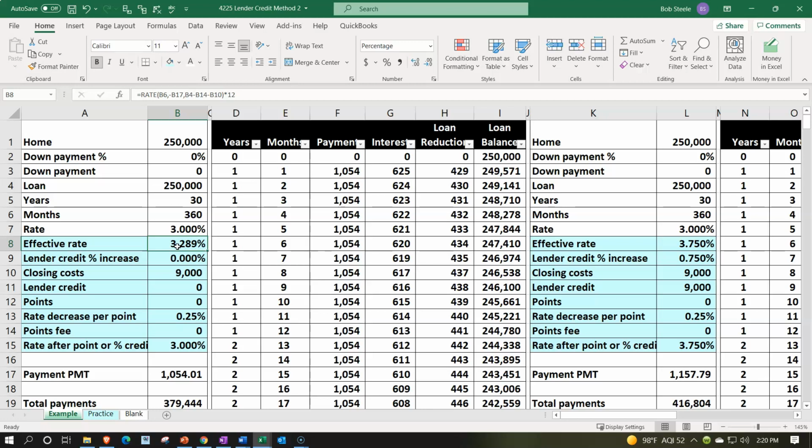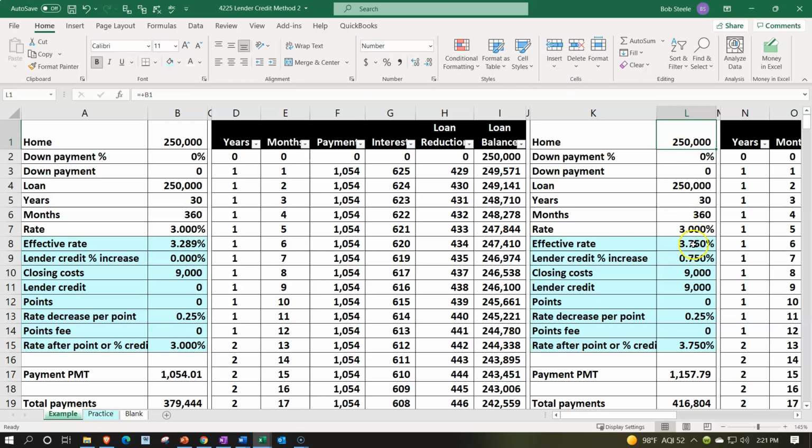If we compare it to the rate over here where the closing costs are going to be paid for by the lender in exchange for an increase in the rate, then we've got the 3%, and the rate's going to go up by the 0.75. So now the rate is going to be the 3.75 on the 250,000, and then they're going to give us that credit, which we can take towards the closing costs.